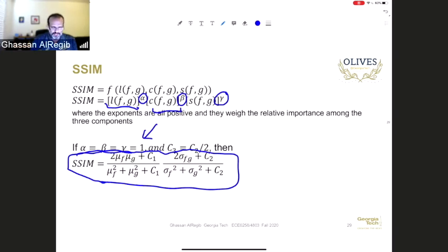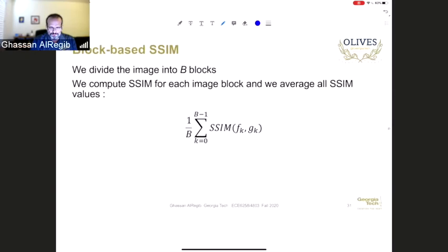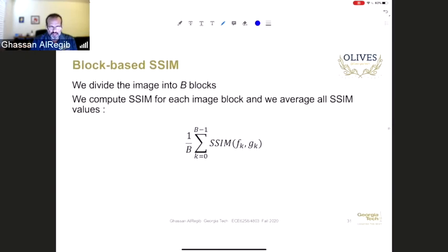But if you just put the three terms next to each other, this will be the expression that we have for structure similarity. So we look at blocks, and for each block we have an individual SSIM value, and then we average over all the number of blocks we have in the image.